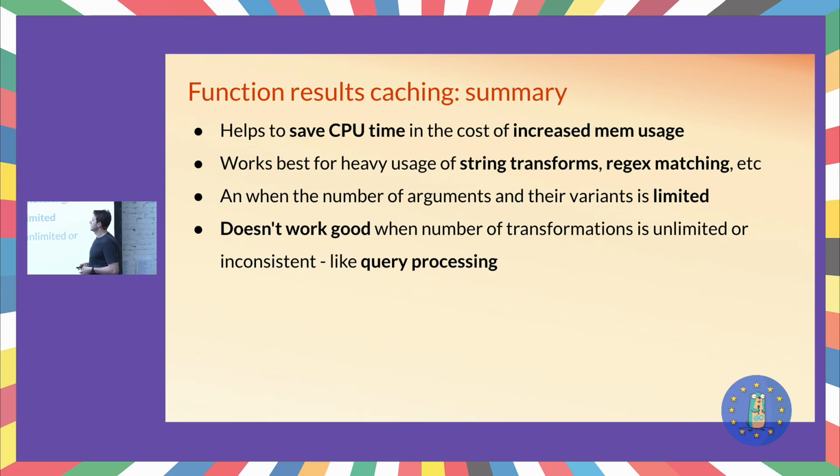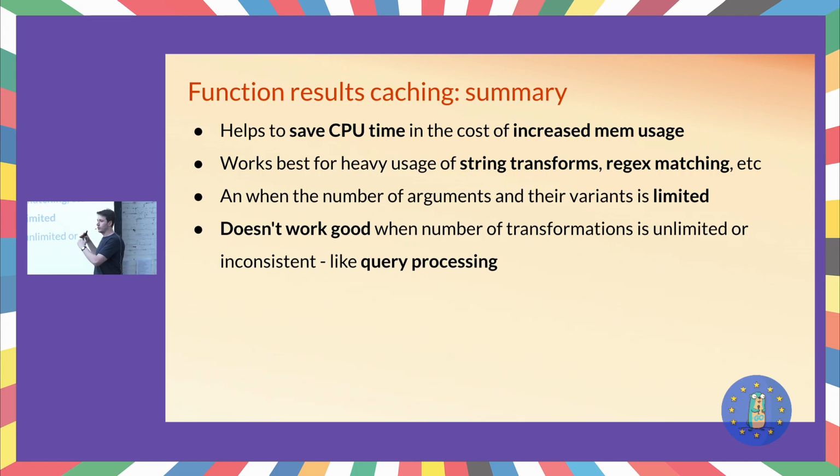Sorry. So, quick recap. This caching transformation helps us to save CPU time, but everything comes with a cost, and we pay for it with increased memory because we need to maintain these caches in the transformer cache. It works best for string transformation or regex matching, and it's also really good when you have, again, a limited number of variants, because as with any cache, you want to be efficient and you want a high cache hit rate.